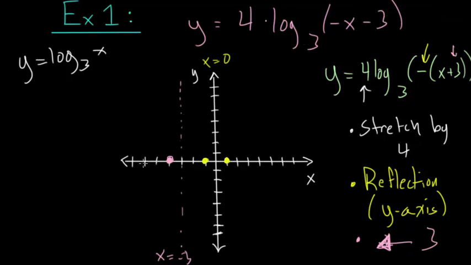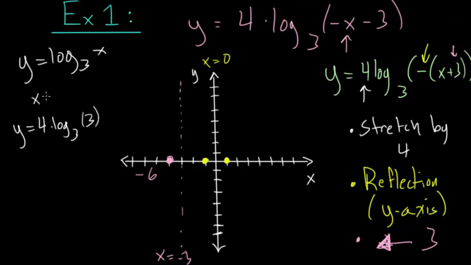So I'm going to use an x value of -6 and see what happens to our equation when I plug this in anywhere I see an x. When I do that, I'll have y equals 4 times log base 3 of minus -6, so the negatives cancel, and I have +6 minus 3. So that would just be a 3 on the inside.